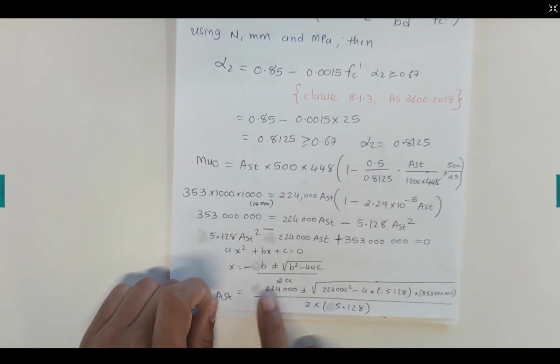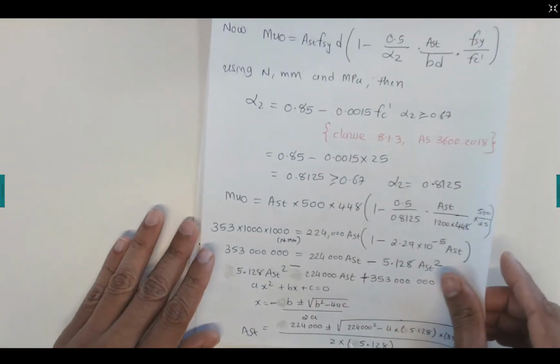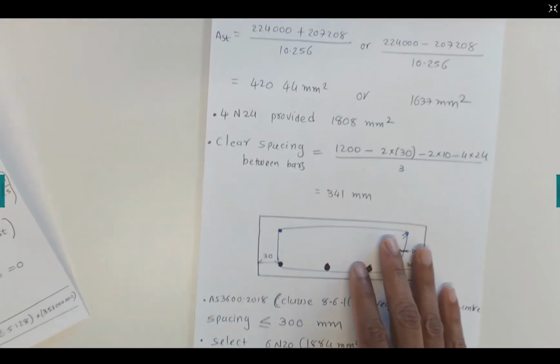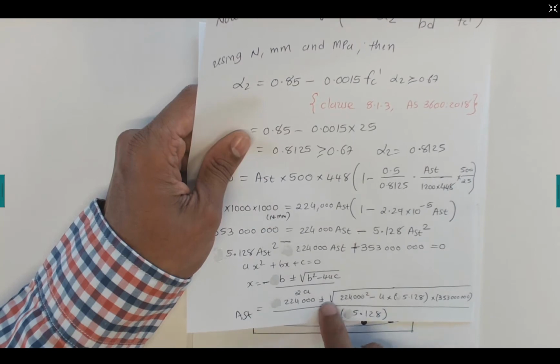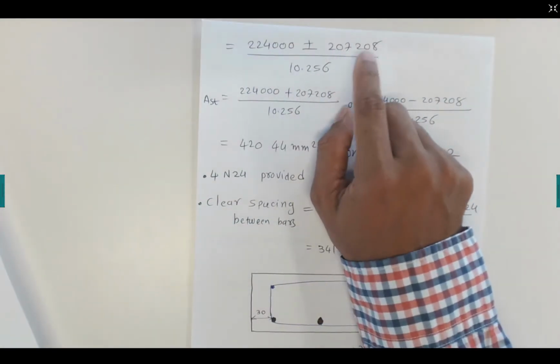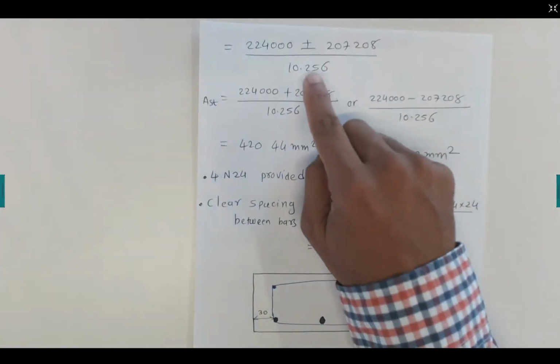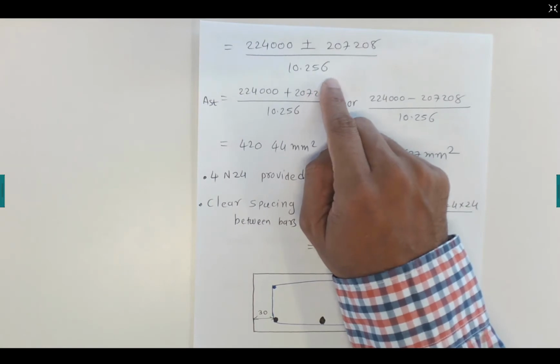So that is the quadratic solution. If you simplify those equations, the square root gives us 207, 208, and 2 times 5.1 gives us 10.256.